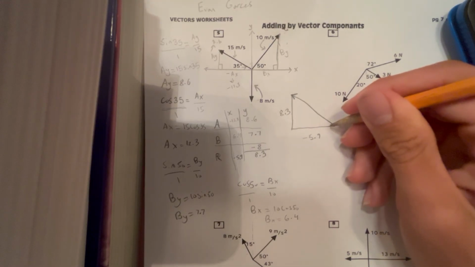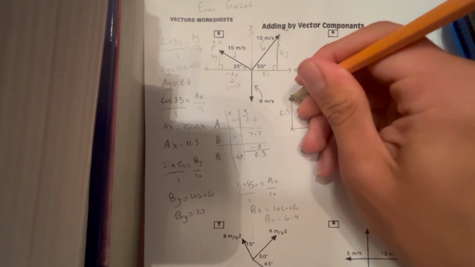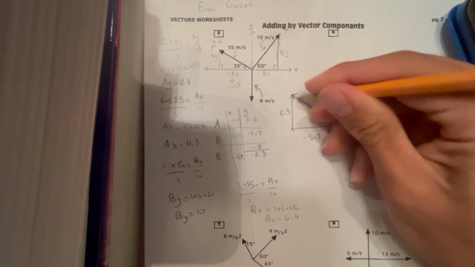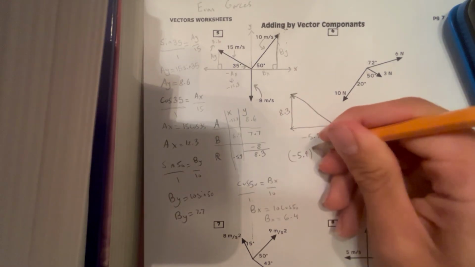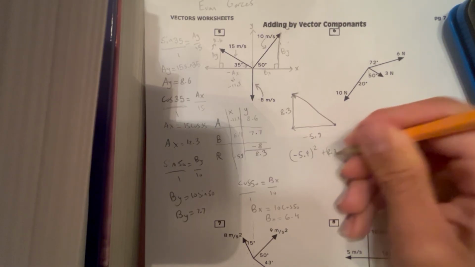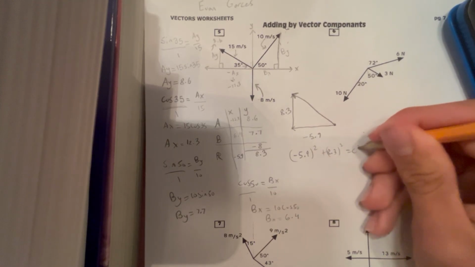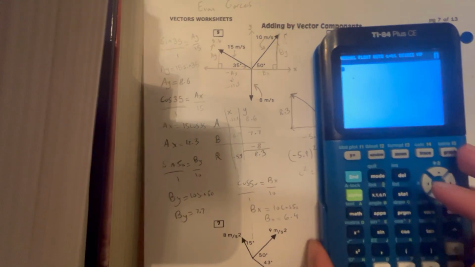So you go to the left and then you go there, and then the resultant is this little line right here. In order to get this little line, you have to do the Pythagorean theorem: this plus this, you square everything, equals c squared. C squared is equal to, here, let me just do my calculator.